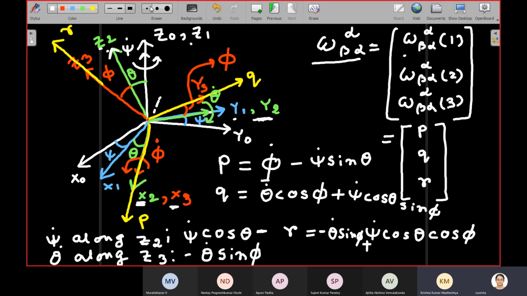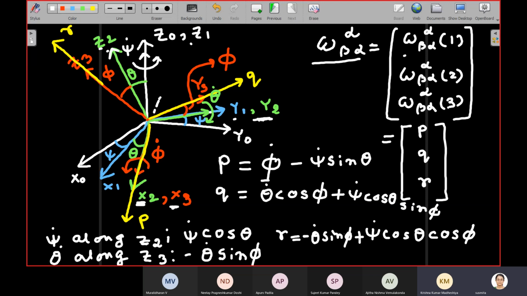So these are the three components. I have written the equations of P, Q and R as a function of Euler angles and their derivatives.